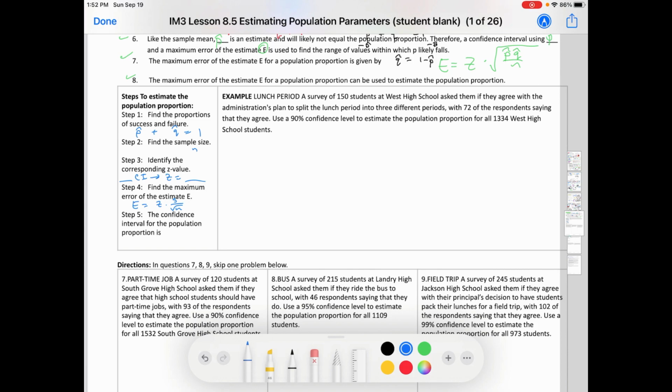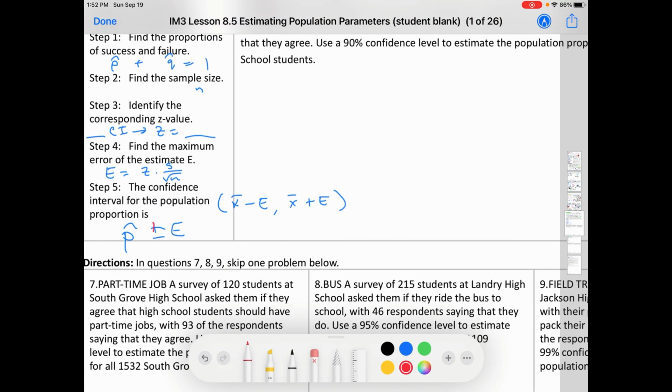Number 5, the confidence interval of the population proportion is P hat plus or minus E. So how is that linked to what we did previously? We kind of did a range. You remember that? That's pretty much the same thing. The last time you saw that was from the quadratic formula. There's a plus or minus. It's actually 2 problems.